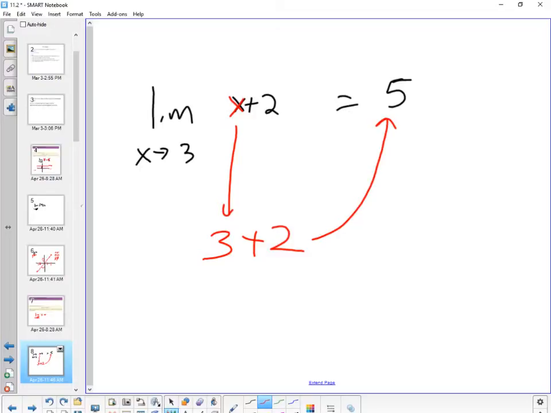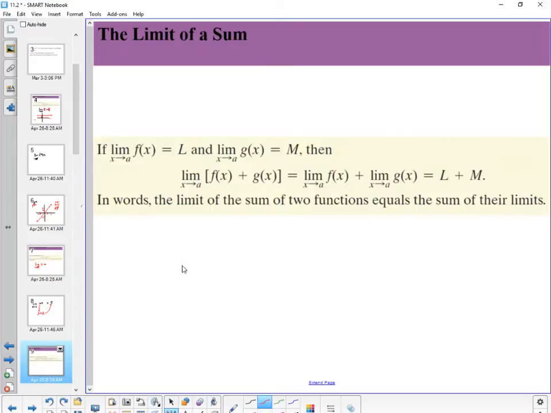If you're trying to find the limit for two functions that are being added, you could just add the limits of each one individually as well. Okay? So, here's your next formula.